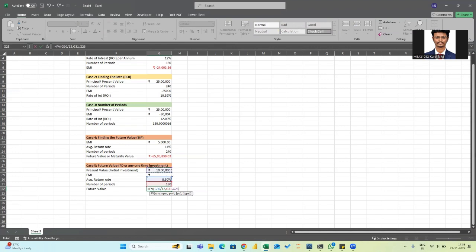PMT is this. Comma, this is not required. So let's close the bracket here. So if you have 10 lakh rupees now, putting it on an FD for a period of 15 years, at the end of 15 years, it will turn out to be 35 lakhs, which is almost 3.5 times of what you have invested.